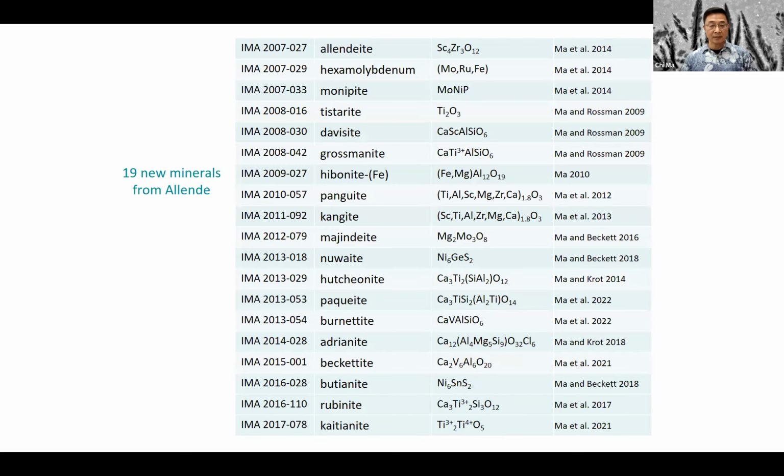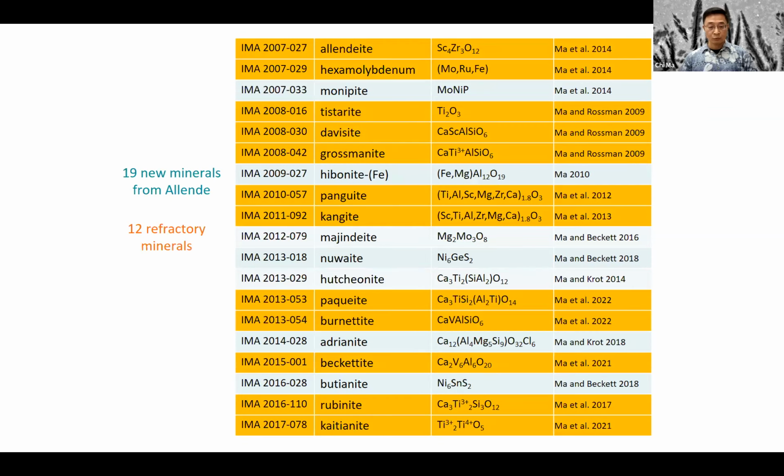Here are the 19 new minerals from Allende. 12 of them are refractory minerals.